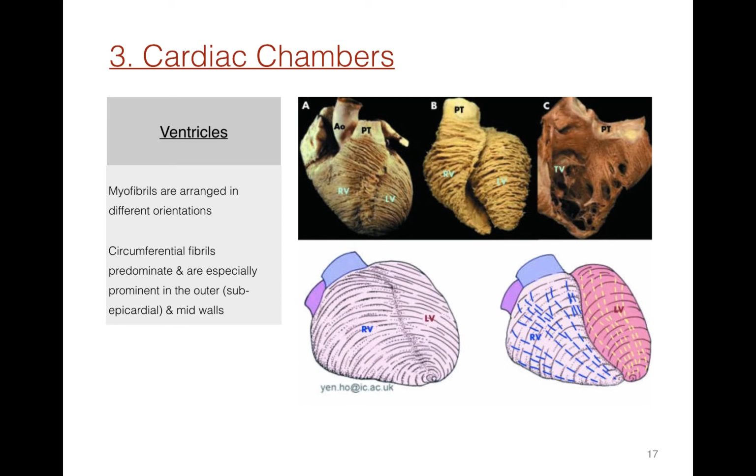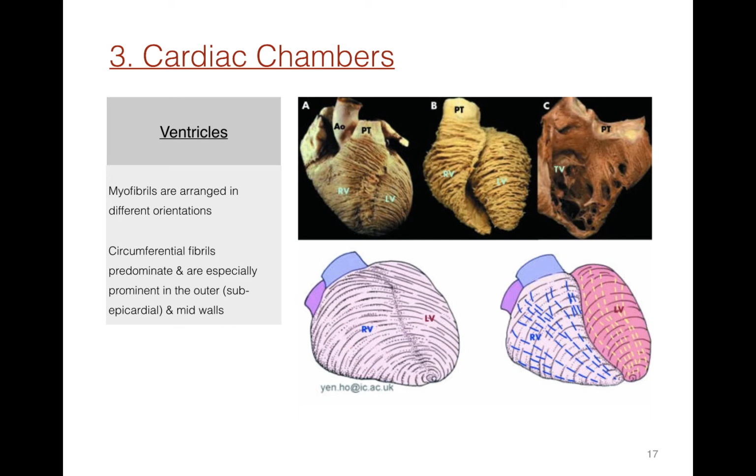Some other general information, this time about the geometry of the myofibrils, that is the fibers that comprise the muscular walls. The myocardium, which I just mentioned is the majority of the heart wall, has fibers within it arranged in different orientations.